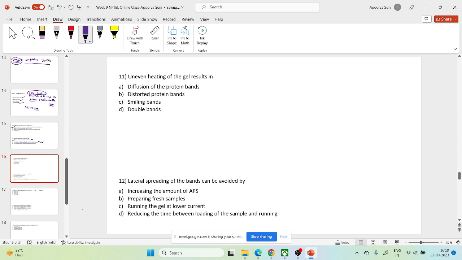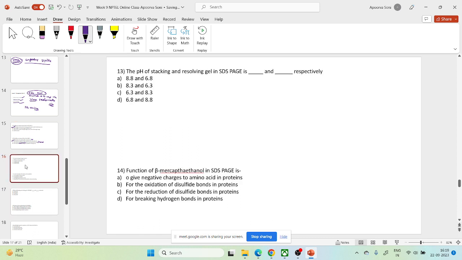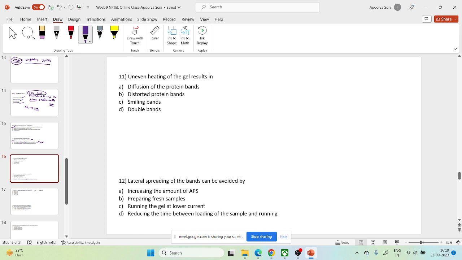Okay. So before these questions, or we can just try these questions first. Uneven heating of the gel results in diffusion of the protein bands, distorted protein bands, smiling bands, or double bands. Uneven heating of the gel. What is the answer?